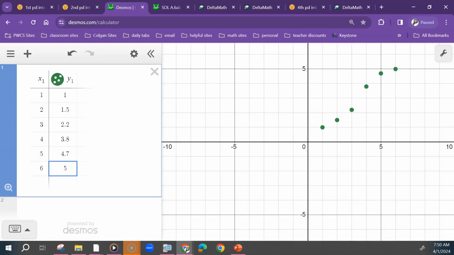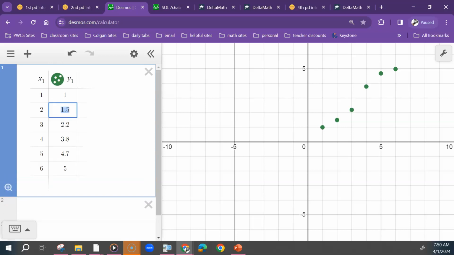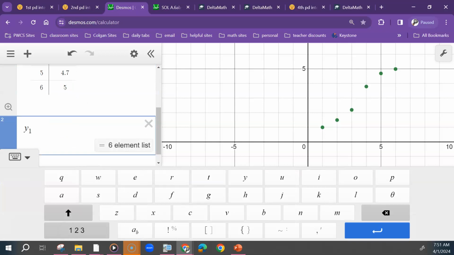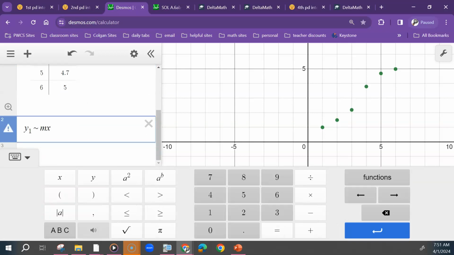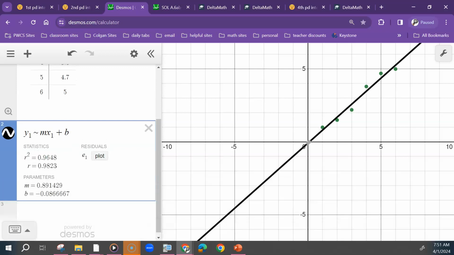Alright, so we see the points, and then to find our line of best fit, we have to use something similar to y equals mx plus b, but we're using x1 and y1. So y1, then our squiggly line, the tilde, mx1 plus b. And that would give us our line of best fit.